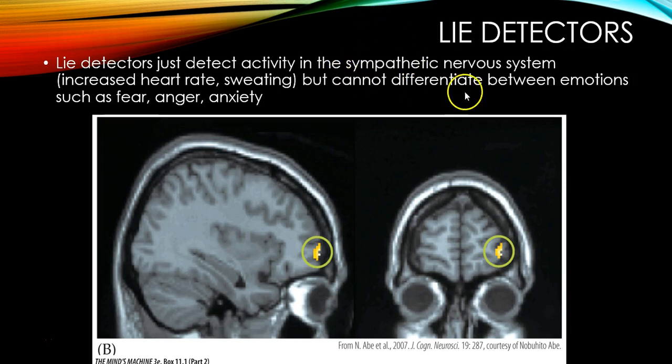But lie detectors can't differentiate between emotions. Why is your sympathetic nervous system being activated? Is it because you're stressed out because you're lying, or are you stressed out because you're taking a lie detector test and you're actually very nervous about it because you're innocent? It doesn't really differentiate.